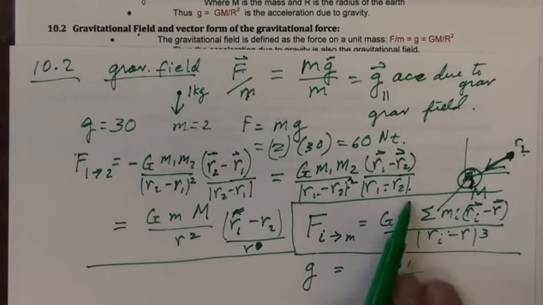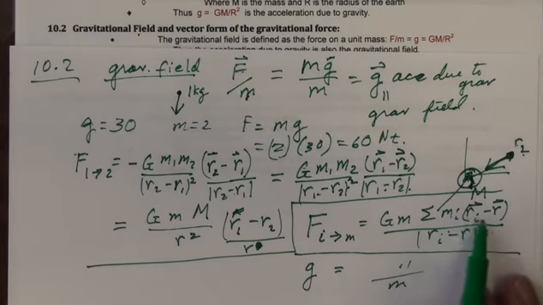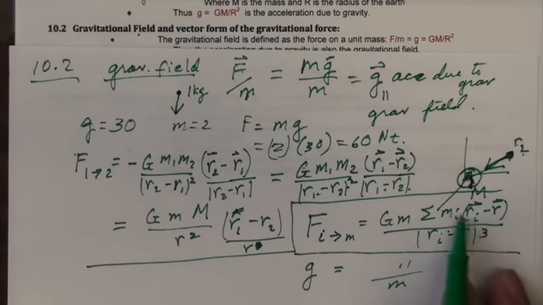In other words, without this m present. And that's the way we calculate the gravitational field at a point, is by adding up all their masses times the vector Ri for the position of that, and how far it is away from the location of that one mass or the position, divided by Ri minus R cubed. Again, that third power is just to cancel the length of this and make it into a unit vector.